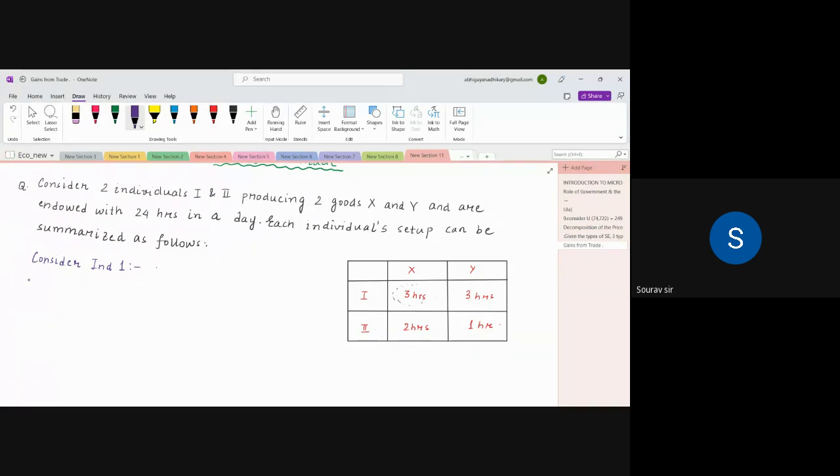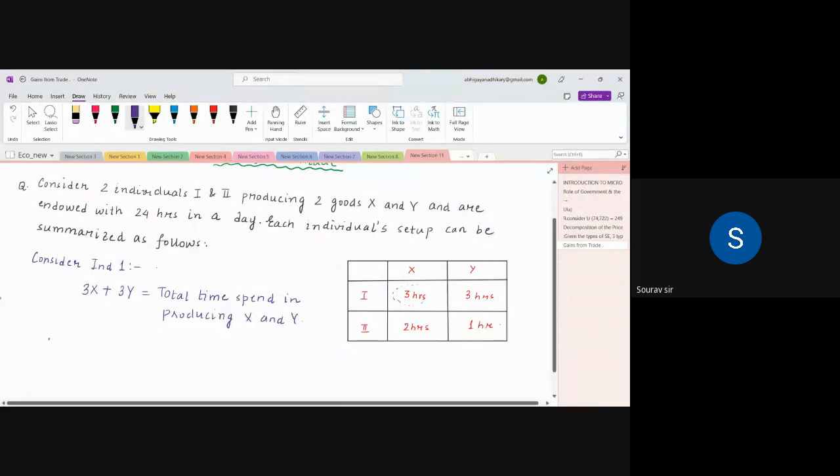So if individual 1 spends 3 hours for 1 unit of X, then if he produces x amount of X, 3x is the total amount of time he spends on good X, plus 3y would be the total amount of time he would spend on producing good Y. So this is his total time spent in producing X and Y. Given that he has only 24 hours, this 3x plus 3y should always be less than or equal to 24, right?